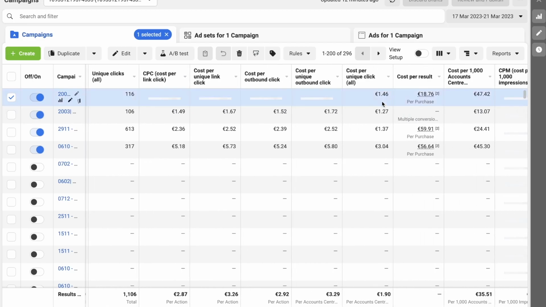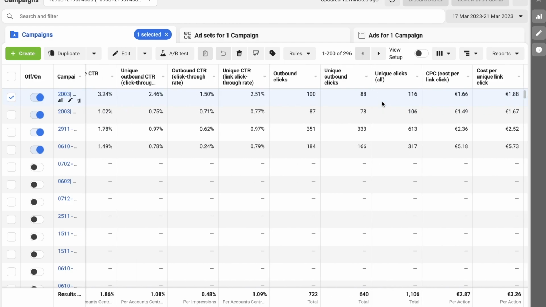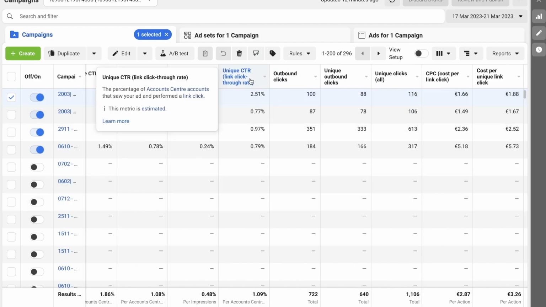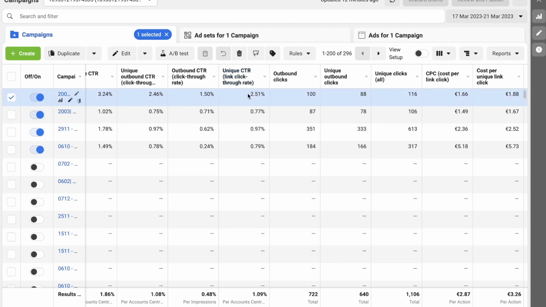And you can also look at the unique rates, like your unique click rate here, which means I'm running ads. How high is the rate of individual people that have seen my ad and have clicked? I don't care how often they have seen it, and I don't care how often they have clicked.